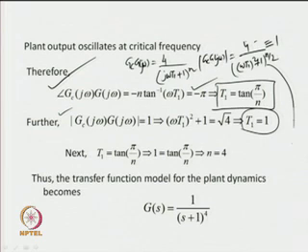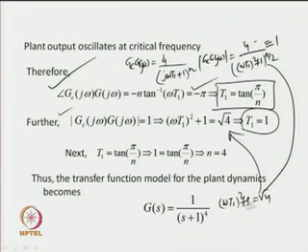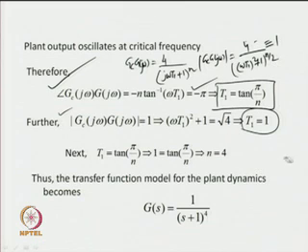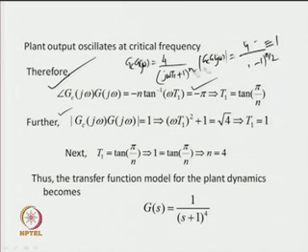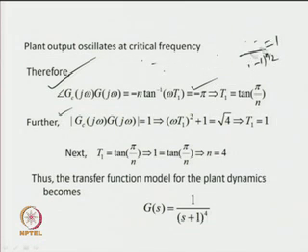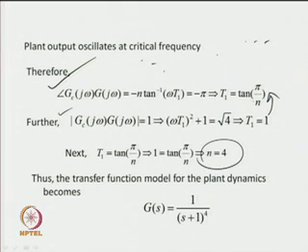Therefore, simplifying this expression, one gets (ωT1)² plus 1 is equal to root of 4, what has been given over here. So, from the analysis what we have obtained, T1 is found to be 1, and then using this value in this expression, T1 is equal to 1 implies n is equal to 4.